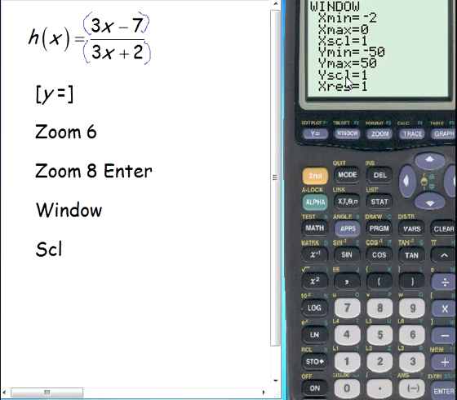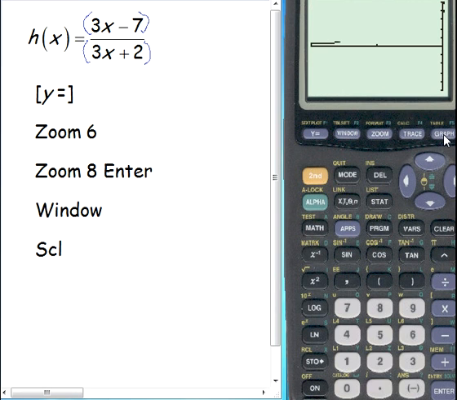For my scale, which tells me how many tick marks, I don't want 100 tick marks on the y-axis, so I'm going to put it at 10 instead of 1. Just every 10 there's going to be a tick mark. Let's hit graph to see what this does.